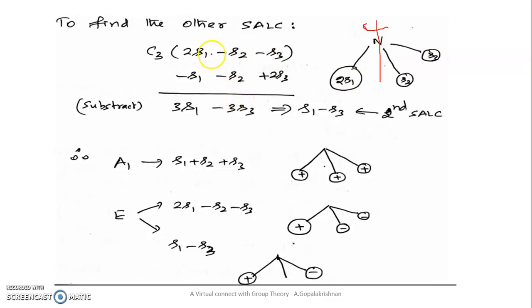Now what you have to do? You have to subtract these two. So I am going to subtract this one from this. If you subtract, minus or minus become plus, this becomes plus, and this becomes minus. So 2s1 plus s1, 3s1.